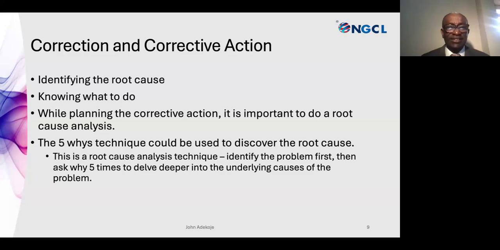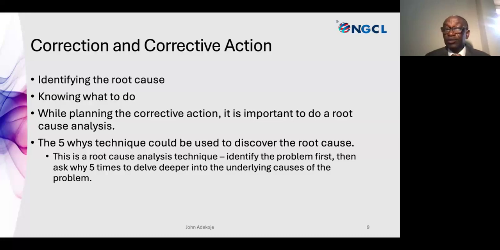In some instances, in my experience, I've discovered that it was probably due to carelessness, an omission, or a nonchalant attitude, or probably the auditee does not even know what to do. Maybe he doesn't have a basic understanding of the requirements of the standard, or of the SOP that he is even holding, right?